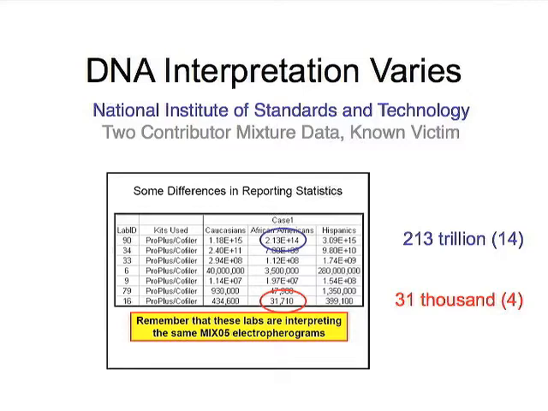Now, one can ask, how general is this phenomenon? Is this limited only to this case? Is this well known? A study was done 5 years ago by the federal government at NIST, the National Institute of Standards and Technology, where samples were sent out to over 50 laboratories that do DNA testing in crime labs around the country.